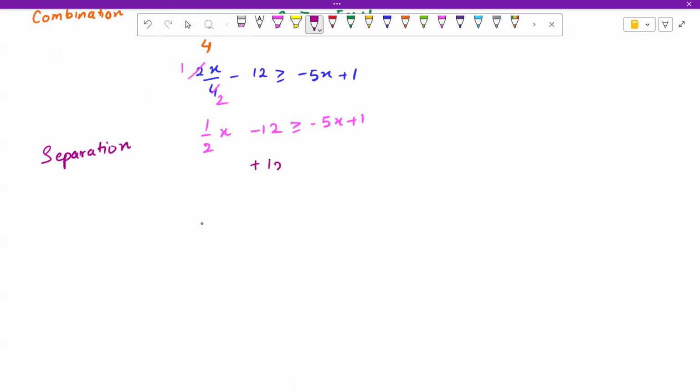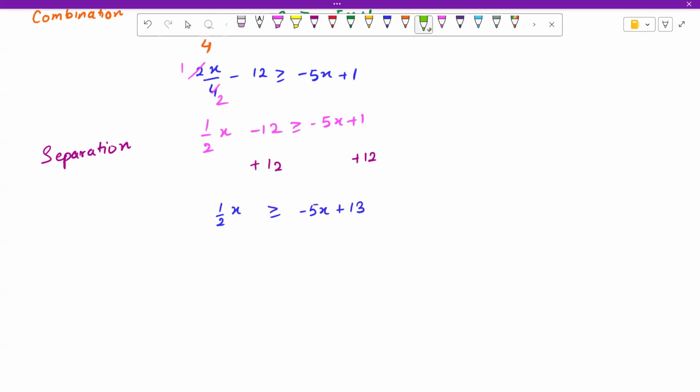So we are doing plus 12 on both sides. What do we get? We get 1 over 2 x, greater than or equal to minus 5x plus 13. Very good.